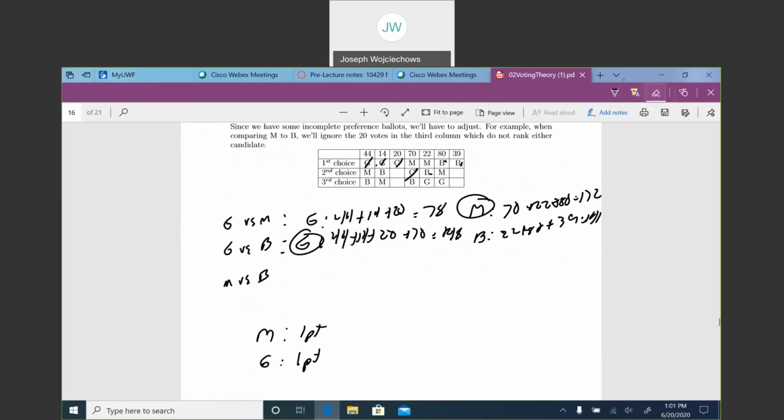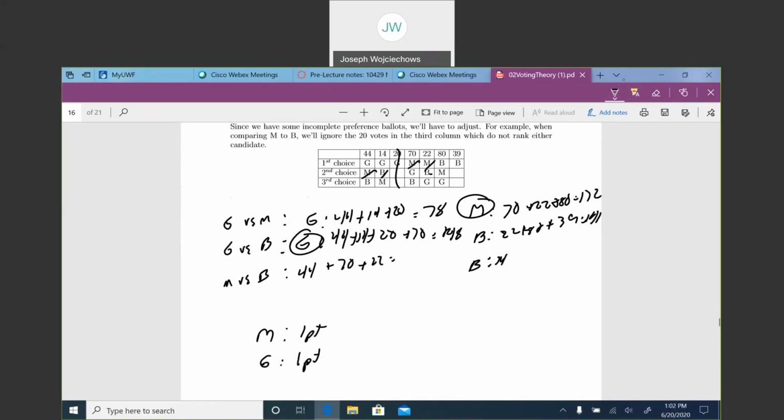Okay, last pairing. We have M versus B. M is preferred here. That's 44. B is preferred here, so that's 14. Neither of them is preferred here. M is preferred here, plus 70. M is preferred here, 22.